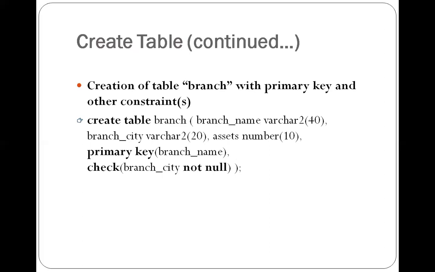Now consider the table branch. When a bank is opening a branch, definitely the branch have to specify the branch name, and when the bank is opening a branch, that building must be in a city or in a place.